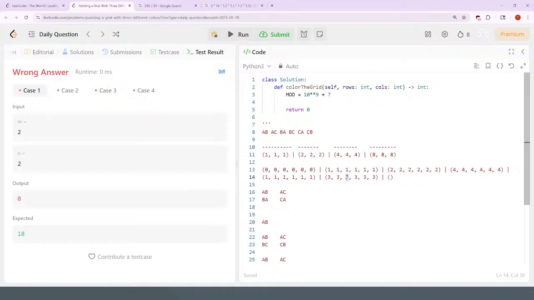The number of ways this thing ends in BA here is 3. So it should be 3 times 2 plus 3 times 2, so that'd be 6. And then another one, so another 6 would be 18 here.